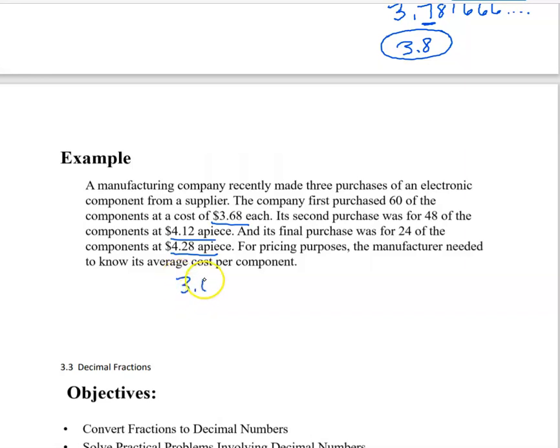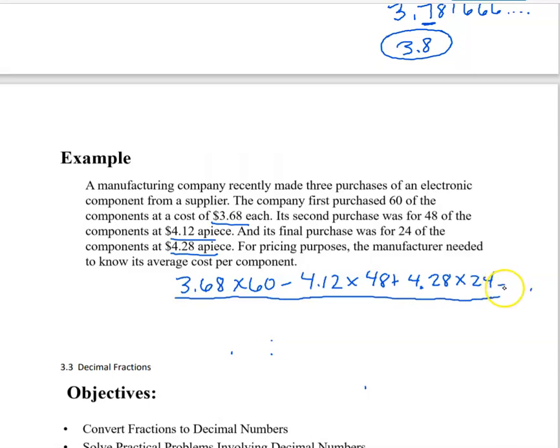Well, we've got the $3.68, we purchased 60 of those. And then the ones that were $4.12, we purchased 48 of those. And the ones that were $4.28, we purchased 24 of those. Okay, and so this time we want to be careful about what we're adding to.